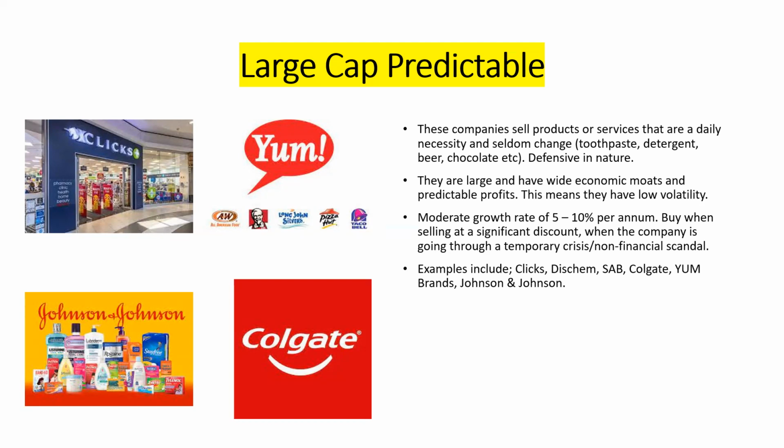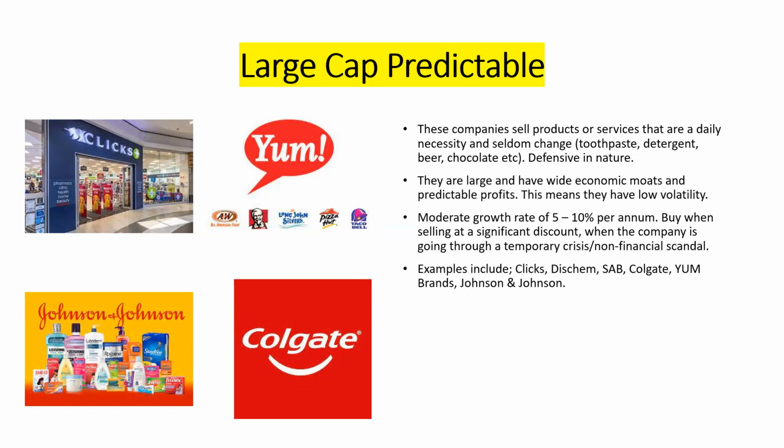So what we do is that we buy when they are selling at significant discounts, when the company is going through a temporary crisis or non-financial standard. It is very important to make money buying into these companies. You have to buy them at significant discounts.